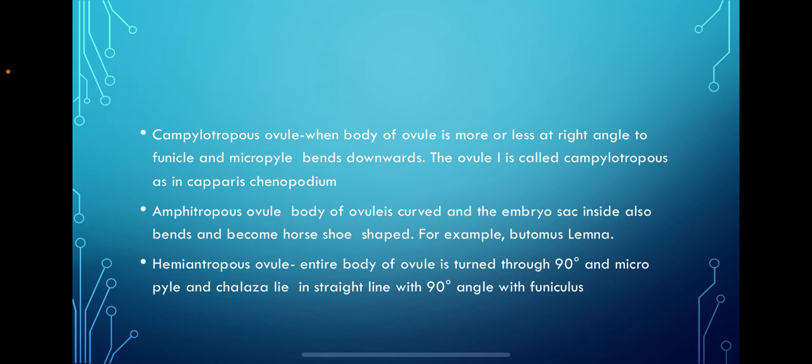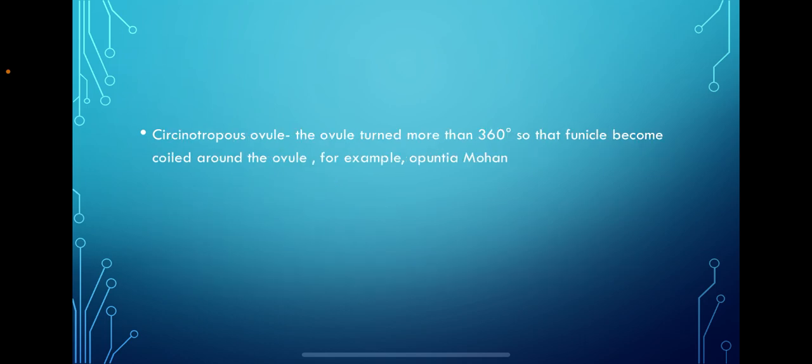Hemitropous ovule: the entire body of the ovule is turned through 90 degrees, and micropyle and chalaza lie in a straight line at a 90 degree angle with the funicle. Circinotropous ovule: the ovule turns more than 360 degrees, so that the funicle becomes coiled around the ovule, for example Opuntia.